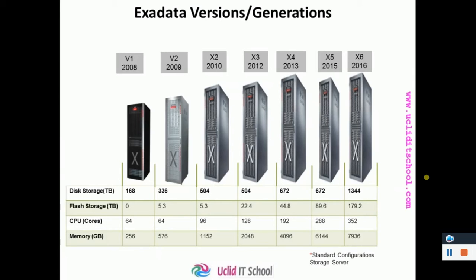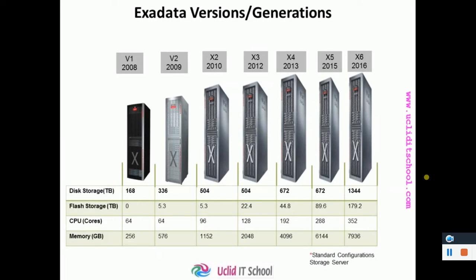This slide shows you hardware related changes. Again, different dimensions. For example, disk storage. How the disk storage increased from version to version. Similarly, flash storage. How it changed among all the versions. CPUs. Okay, memory.